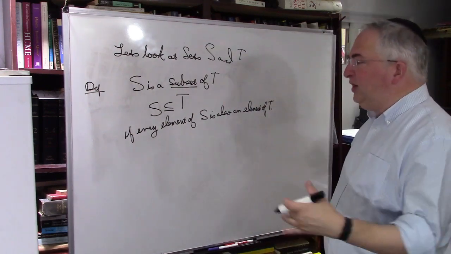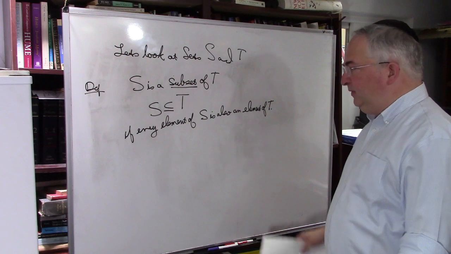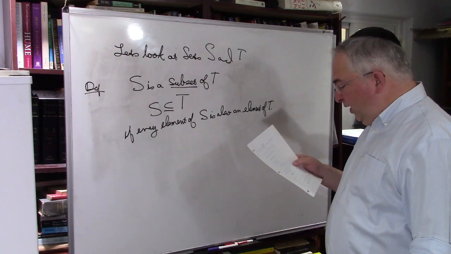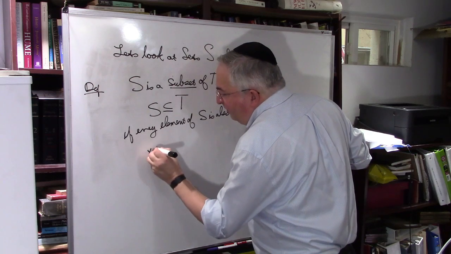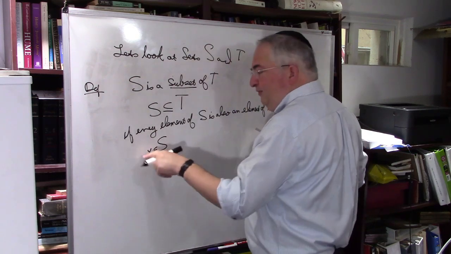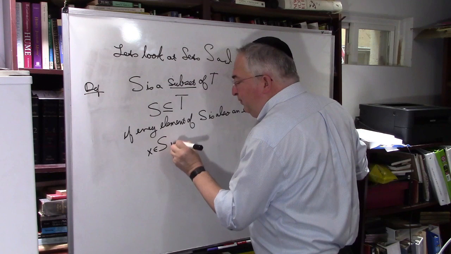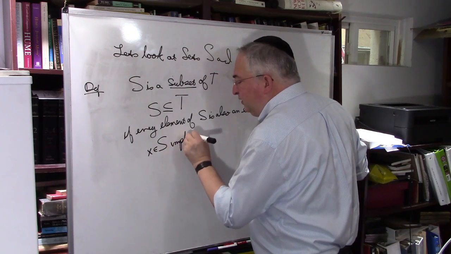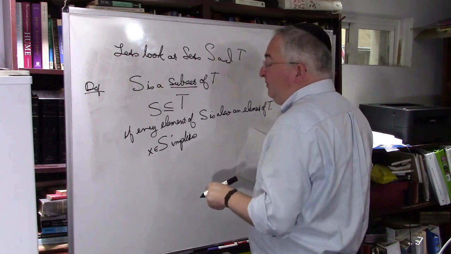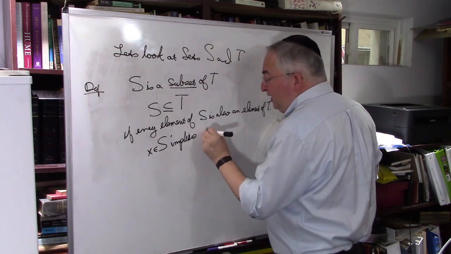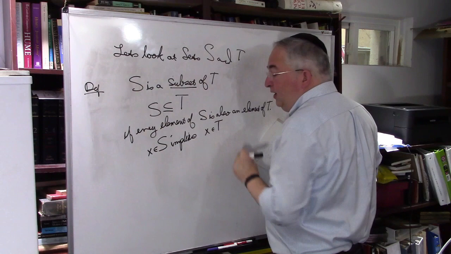When you have that, you say S is a subset of T. Okay? Let's write it another way. You say X member of S, every element of S, implies, this is true, S is a subset of T, if X element of S implies X element of T.